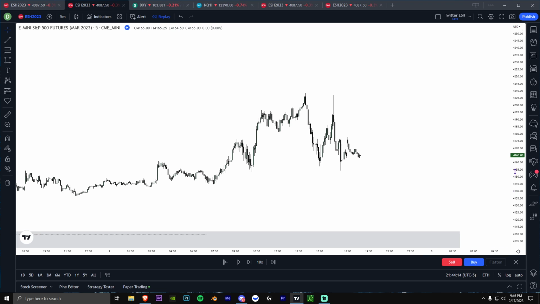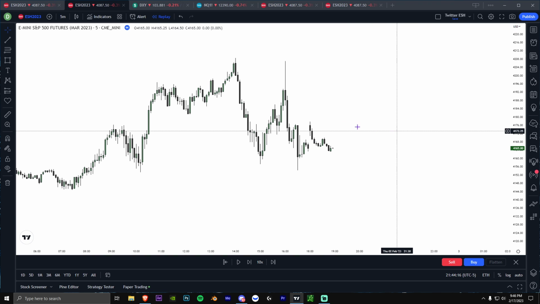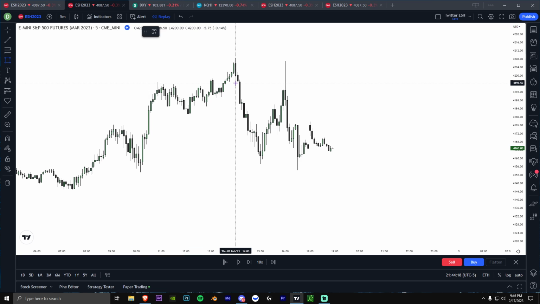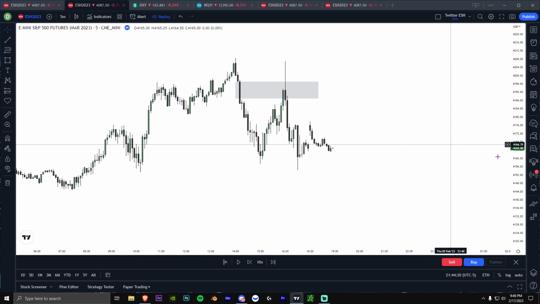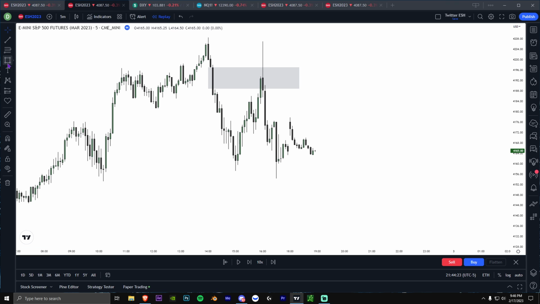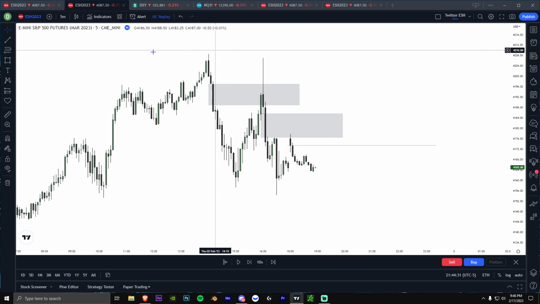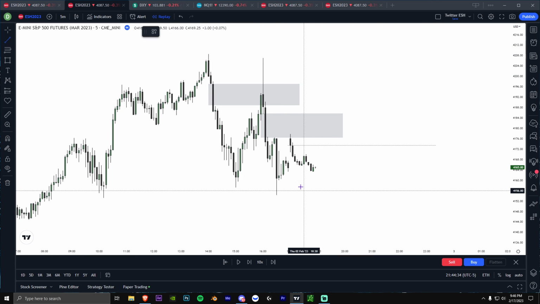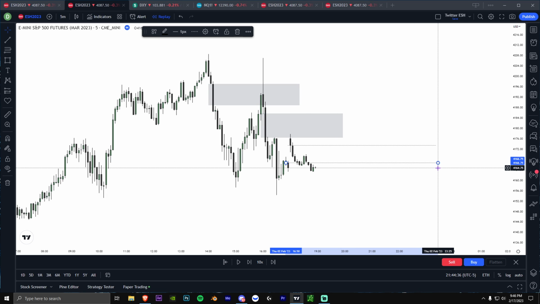Alright, this is where it gets fun. There's a fair value gap here. Fair value gap here. New day opening gap here. Right here. Yeah, this might be. Yeah, probably might be. I have no idea.